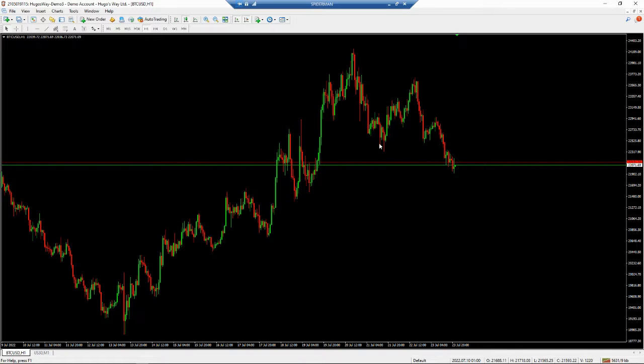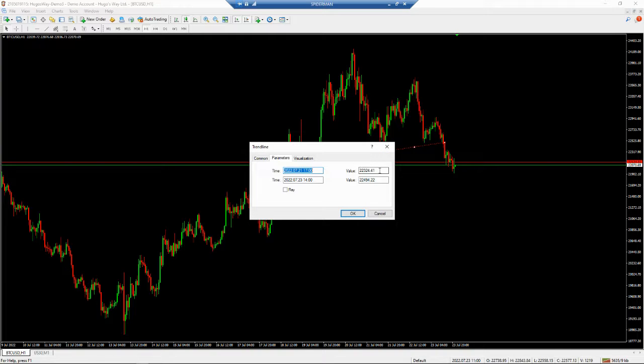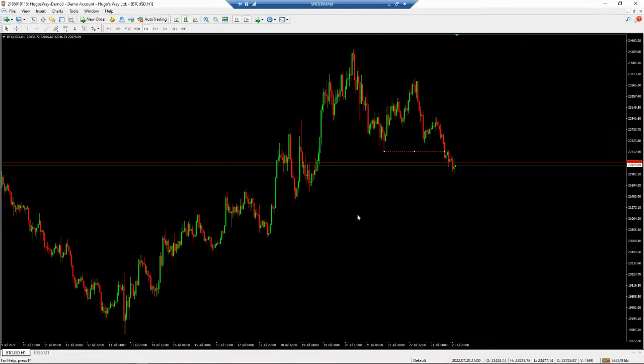So at this low here, I would take a line and draw it to the point or the wick of this red candle here that pushed down. And then, because I like my lines to be exactly horizontal, I would make that line horizontal.